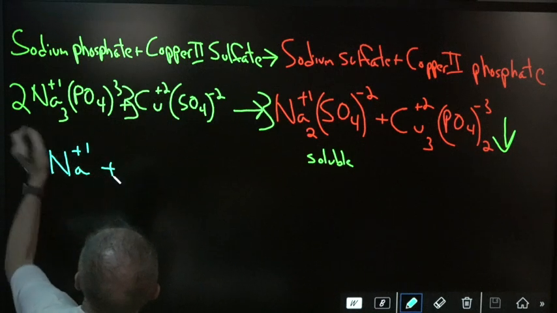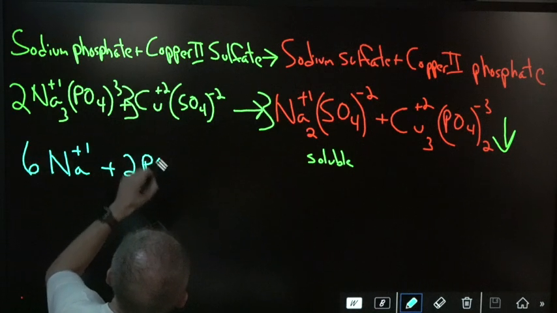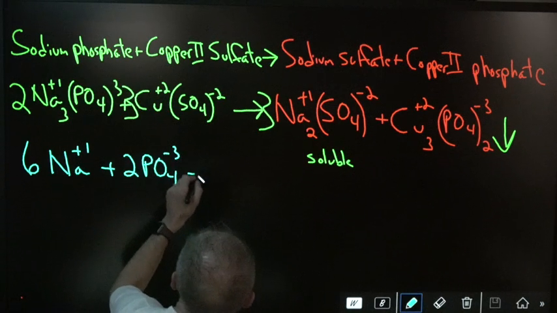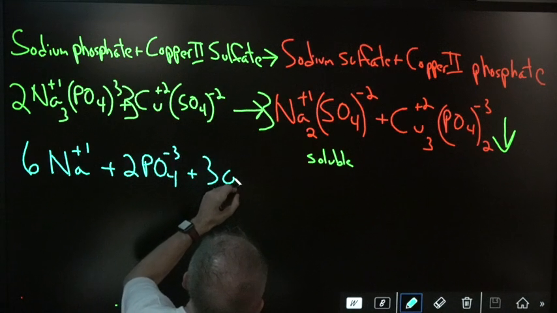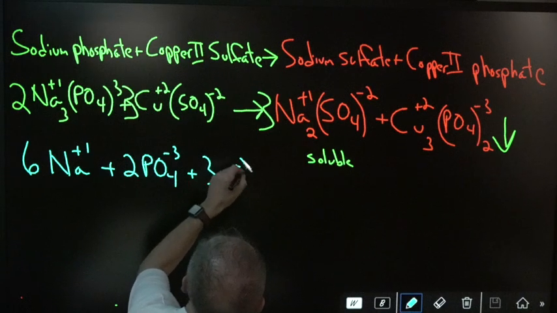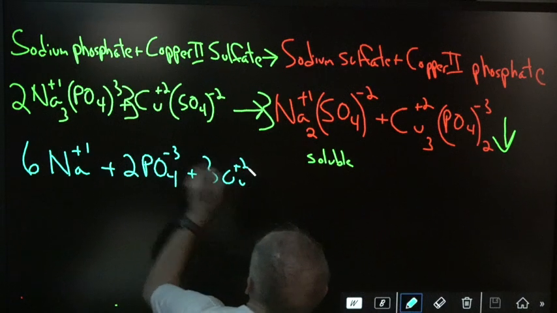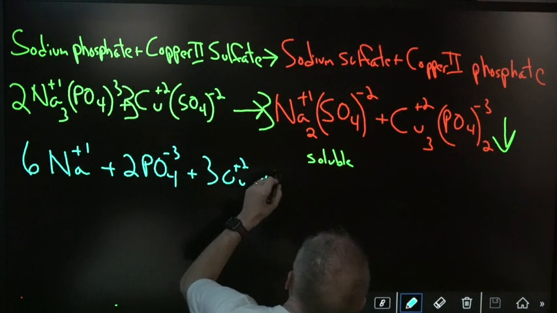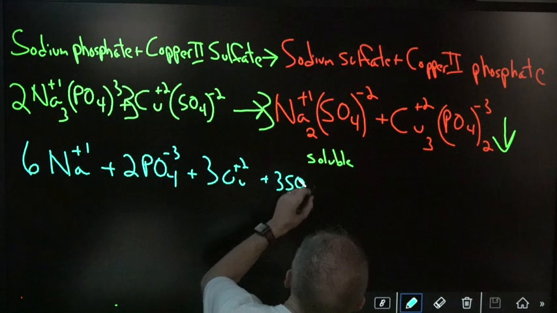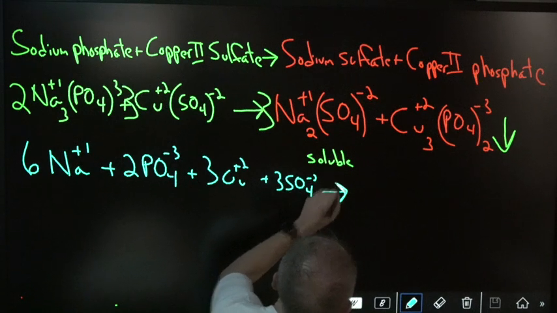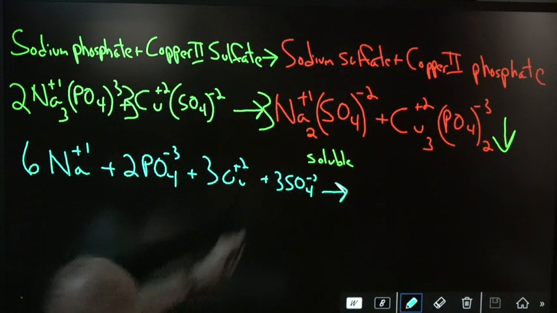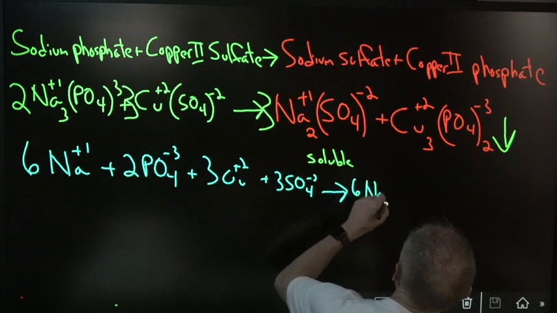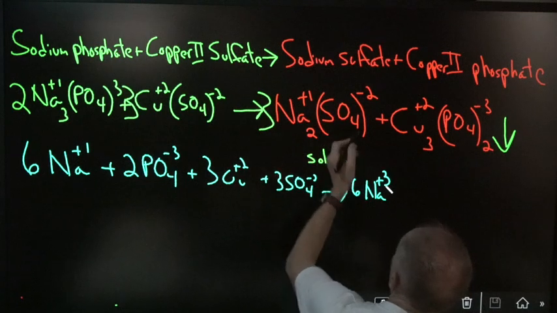Plus 2 PO4 minus 3 ions. Plus 3 copper plus 2s. And then we blow through here 3 sulfates. And then we're going to go yields. So we have 2 times 3, we've got 6 sodiums. We have 3 sulfates.